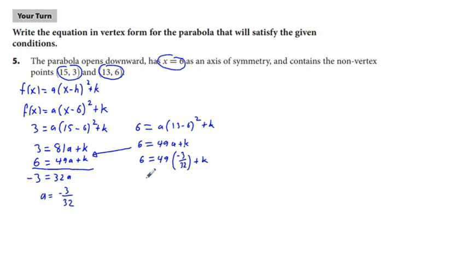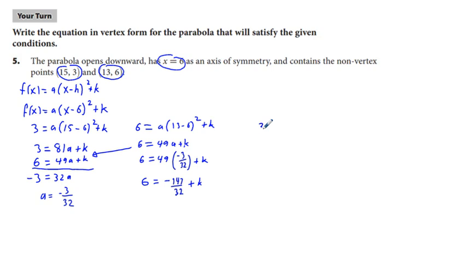So 6 equals negative 147 over 32 plus k. And how many 32nds do we have in 6?